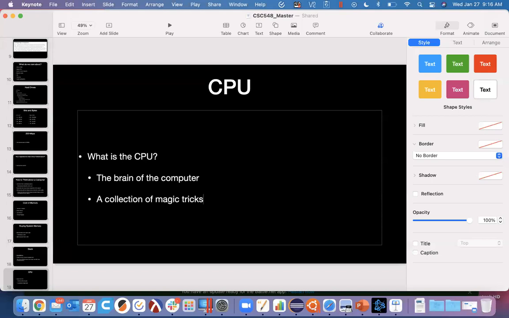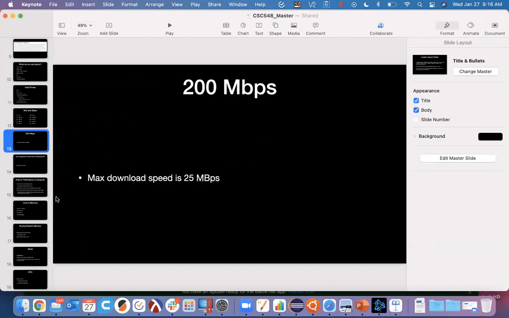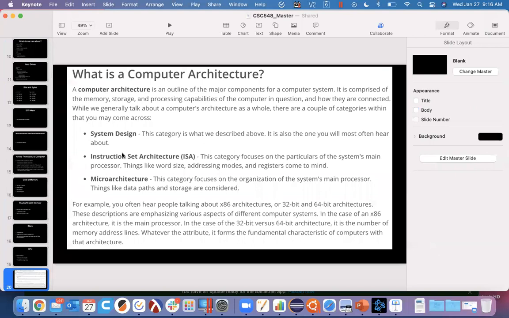The idea here is that when we talk about that instruction set architecture, this is the names of those magic tricks. Typically, they're on the CPU, organized in binary.